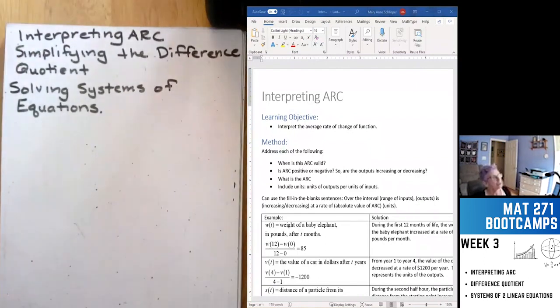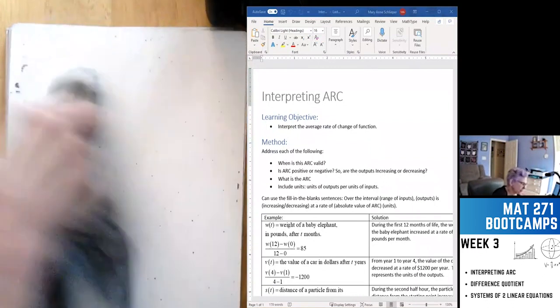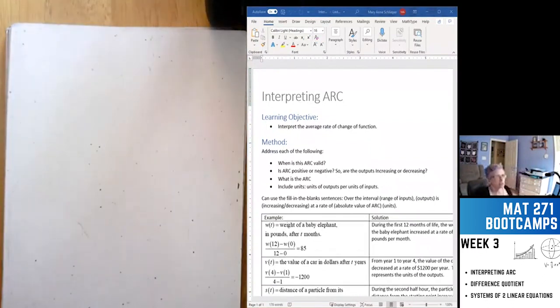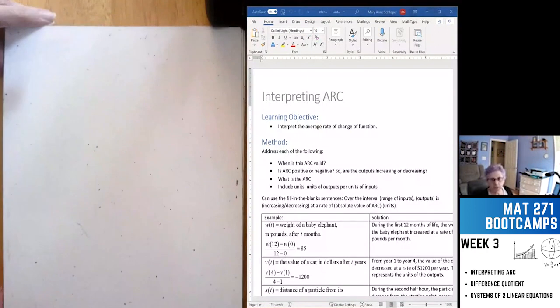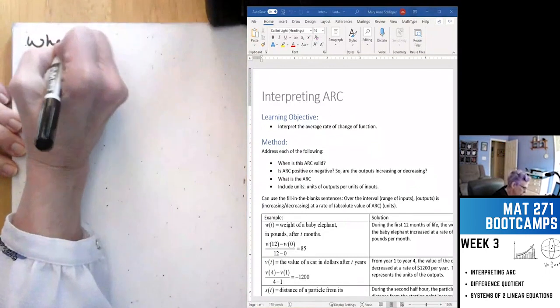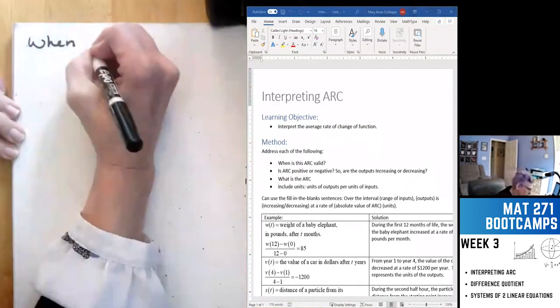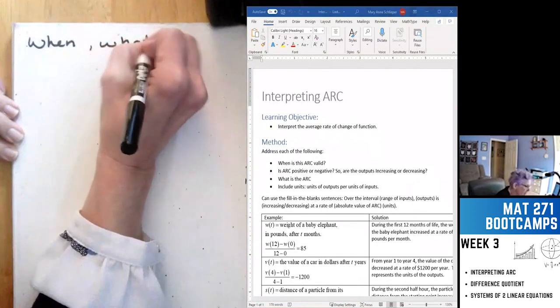So let's start with interpreting average rate of change. And anytime you're writing an interpretation for a rate of change, be it average or instantaneous, the first thing you want to address is, when is it valid? So you need an interval of time. When? Then what is changing? That's the output.